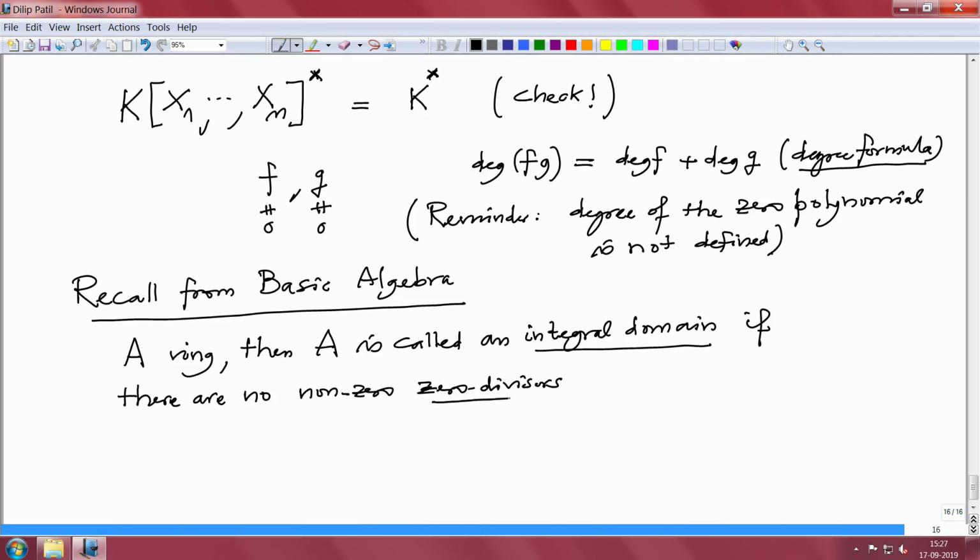So, what is a zero divisor? An element a in A is a zero divisor if there exists a non-zero b such that a times b is 0.